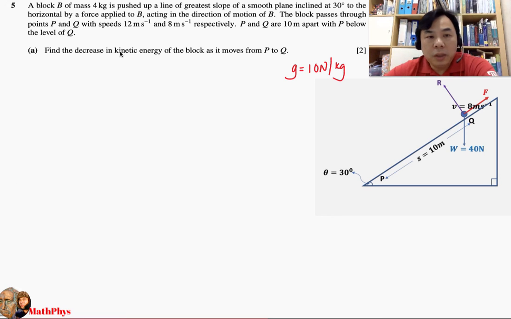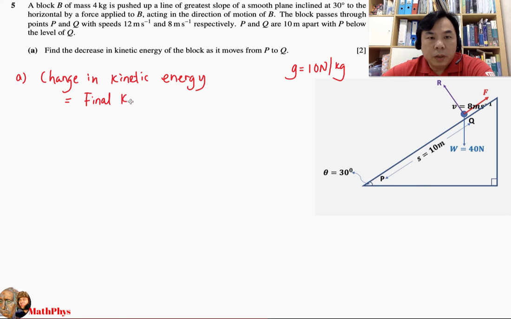Now the usual case is we always try to find the change in kinetic energy. So the change in kinetic energy is calculated using your final kinetic energy, subtract off your initial kinetic energy.